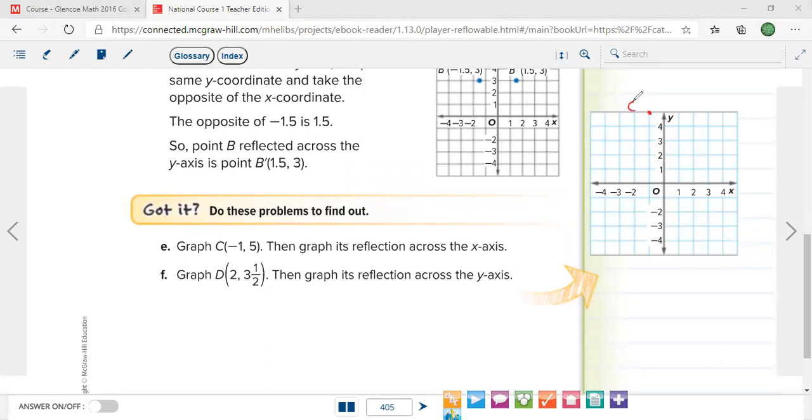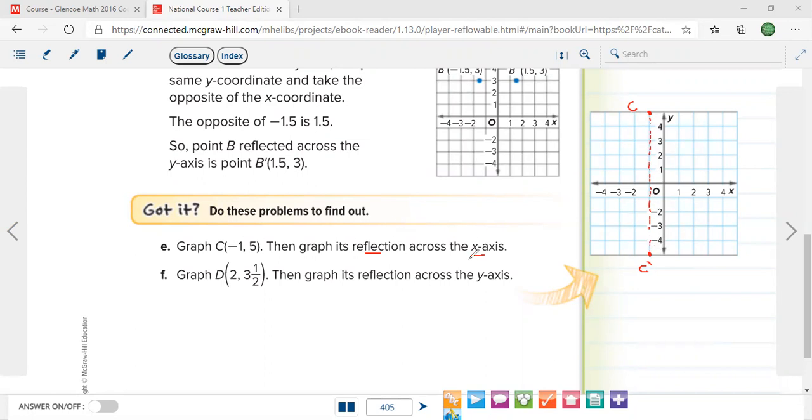This is C. I need to graph the reflection on the x, so I must cross the x. I'll count how many units I'll move till I reach the x, 5 units. Then I'll cross and I'll move another 5 units till I reach this point, which is C prime.